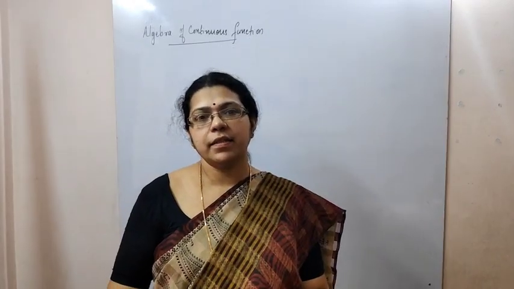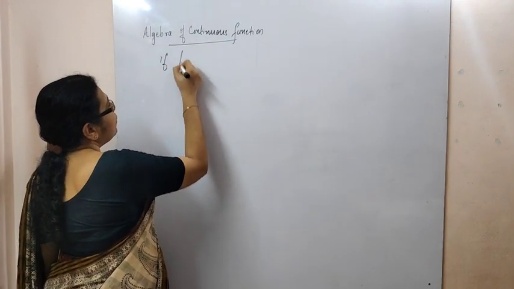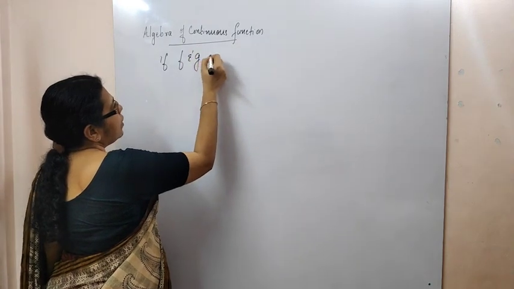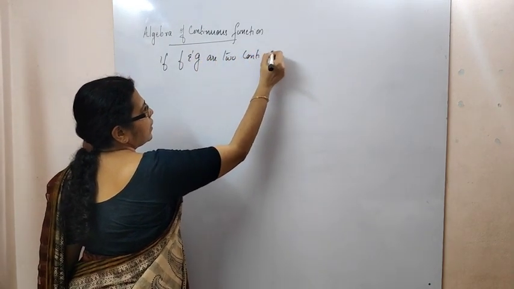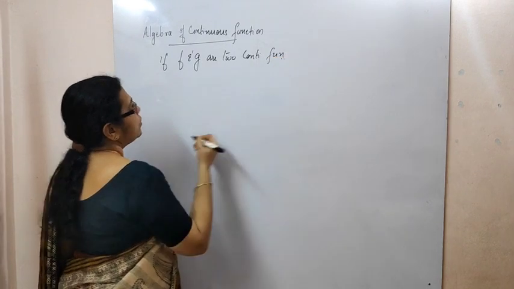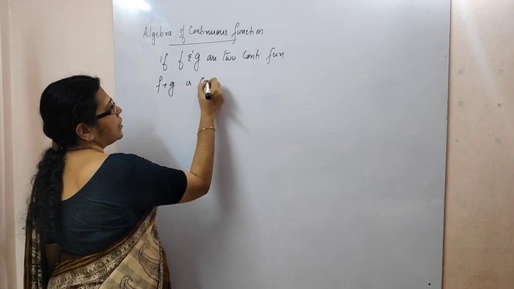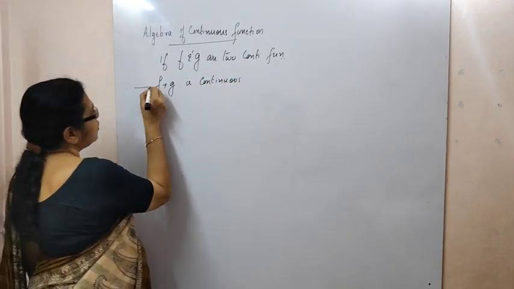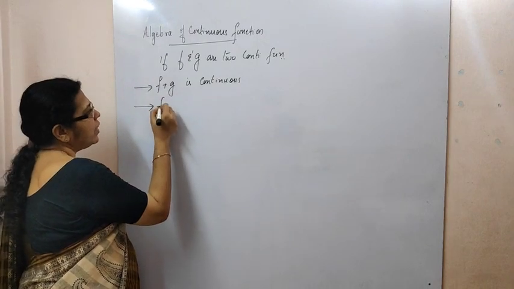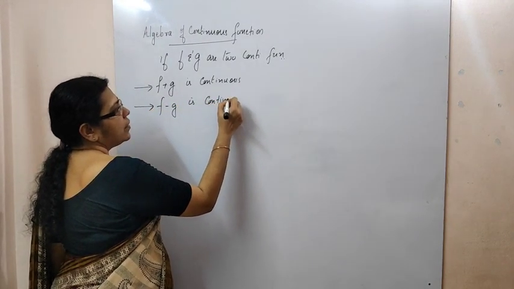Now let's discuss algebra of continuous functions. That is, if f and g are two continuous functions, right? Then f plus g is continuous. That is the first algebra of the function. F minus g is continuous.